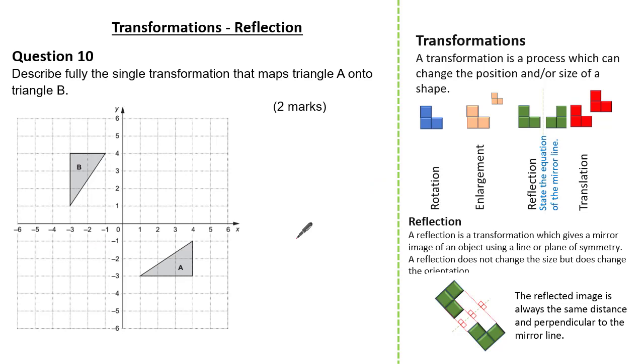Now let's have a look at a slightly harder question. The question wants us to describe fully the single transformation that maps triangle A to triangle B. It's worth 2 marks. See if you can give it a go and press pause if you need.